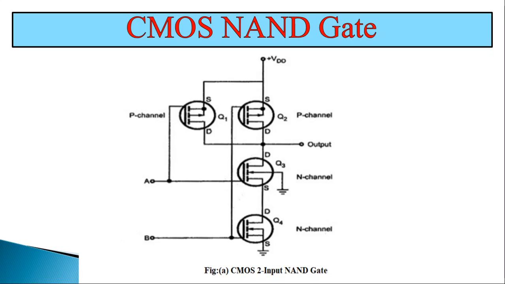P-channel MOSFET is on when its gate voltage is negative with respect to its source, whereas N-channel MOSFET is on when its gate voltage is positive with respect to its source.